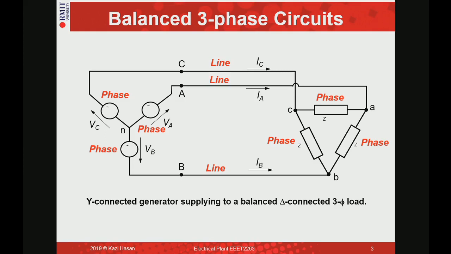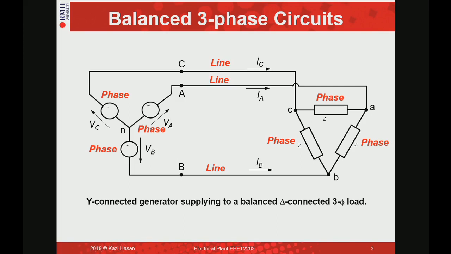On the other hand, if we look at our Y, our phase voltage is VA. And when we call our line voltage, sometimes it is referred to as line to line voltage. So line to line voltage means voltage between point A and B. As you can see, the voltage between point A and B is not the same as VA.